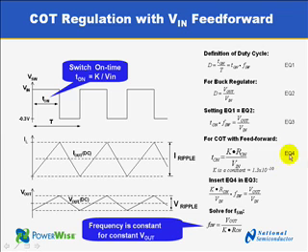Now, if we insert equation number 4 in equation number 3, we get this term. This term can easily be solved for the switching frequency, and we get to the final formula, which is the switching frequency is equal to the output voltage of the regulator divided by K, the constant, times the R on resistor.